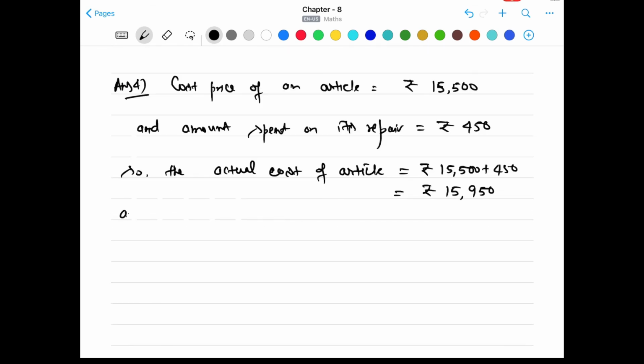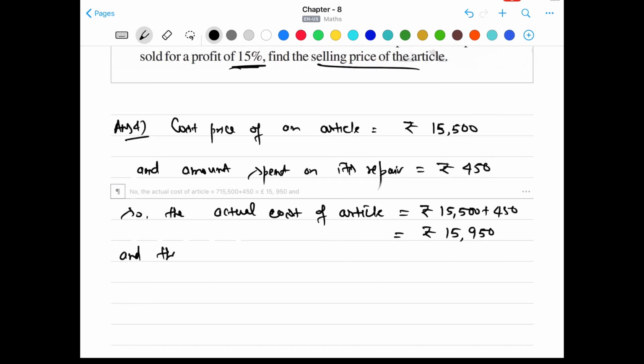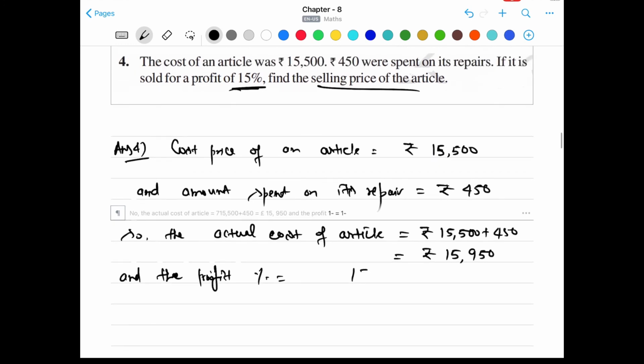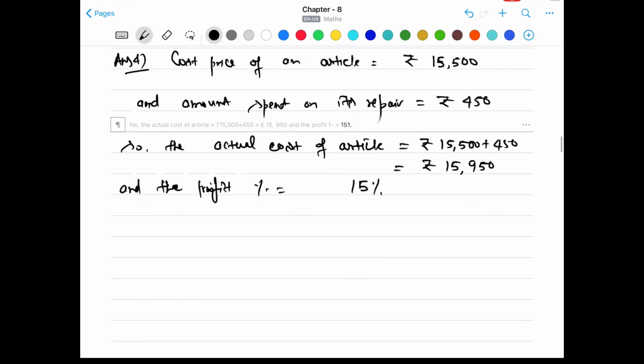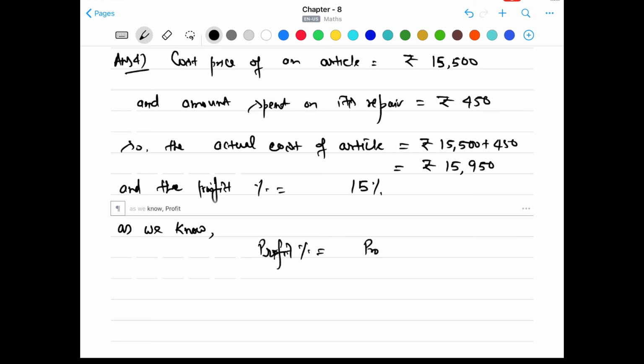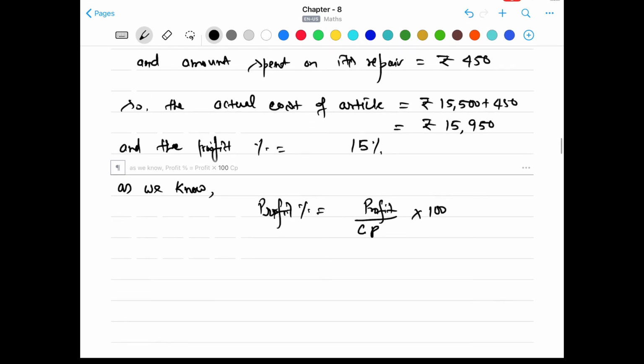And the profit percentage here is given as 15%. As we know, profit percent is given by profit divided by cost price, which is CP, into 100.